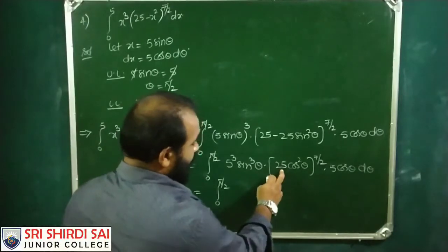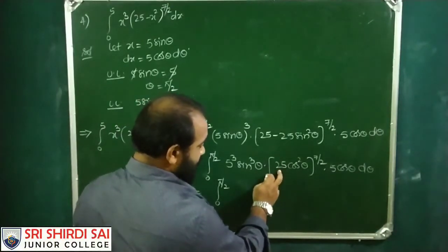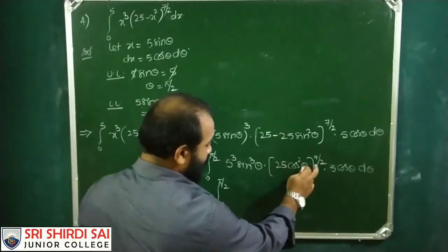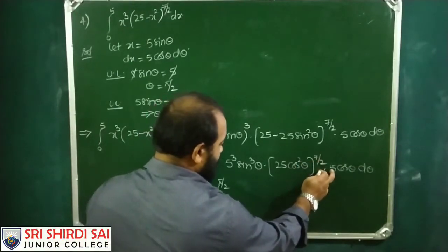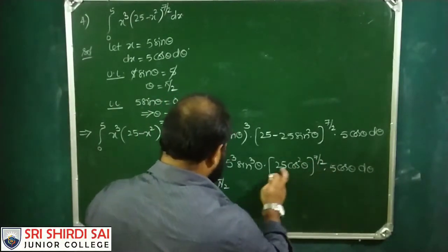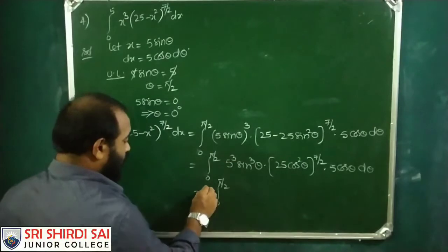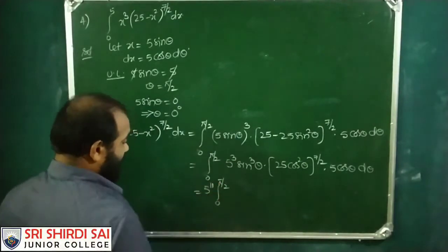So 25 is 5 square, 5 square whole power 7 by 2. This is 5 power 7, 5 power 1, 5 power 8, 5 power 3. So totally 5 power 11.